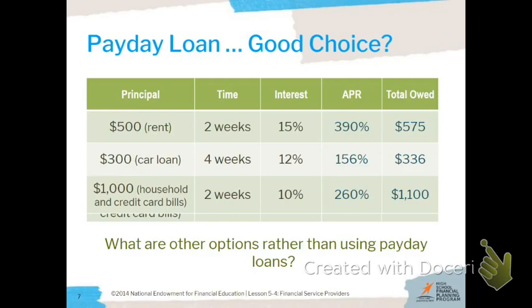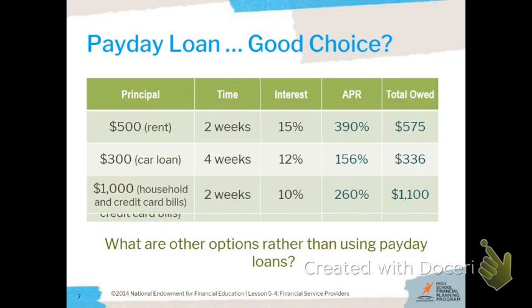If they said, well, it's only 15% interest, so that would be $75. But if it's only for 2 weeks, there are 26 times that 2 weeks happens in 1 year. So the annual percentage rate that a bank would quote you would be 390%. That's crazy.